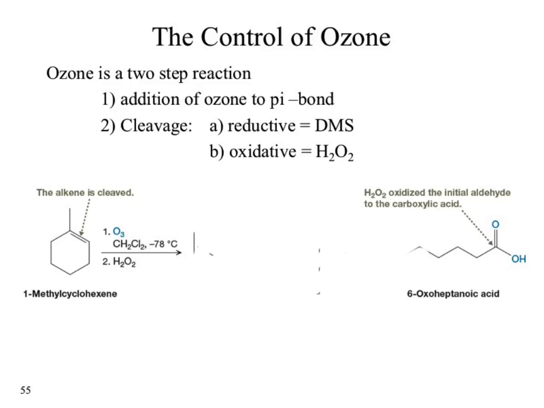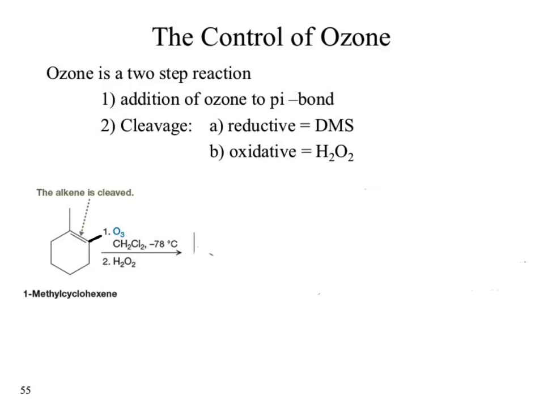So quick modification. Do I still end with a carboxylic acid? No. Why not? Because you've got a carbon and not an oxygen. You need a stronger oxidizer, wouldn't you? Nope.